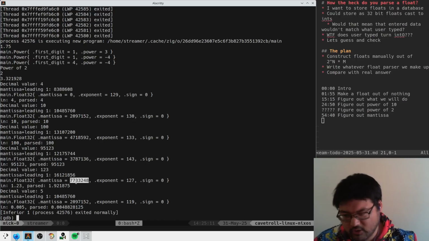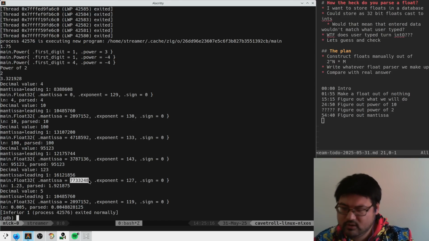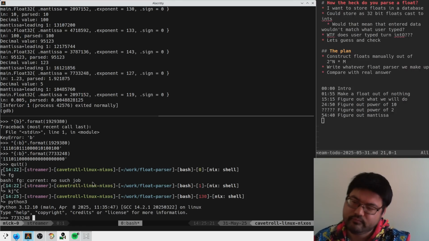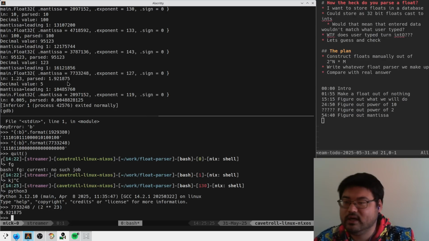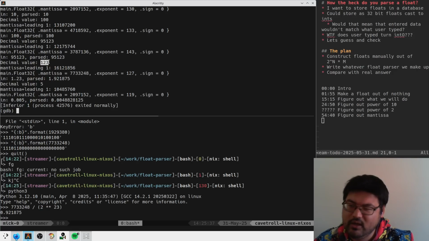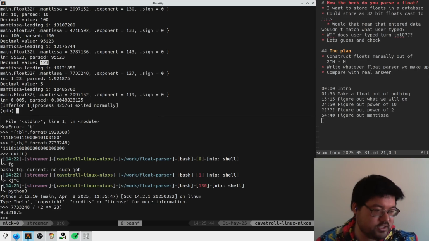Because that's what we got. We saw this value here that we're actually using. This divided by 2 to the power of 23 is the decimal component of the value that we're seeing, right? So it means that this guy somehow has to turn into 23, which is confusing. Because when would decimal 123 ever turn into 23? That doesn't sound right to me. It does not sound right to me.